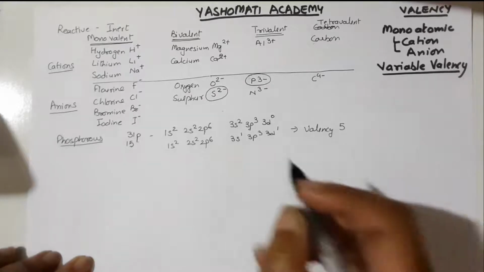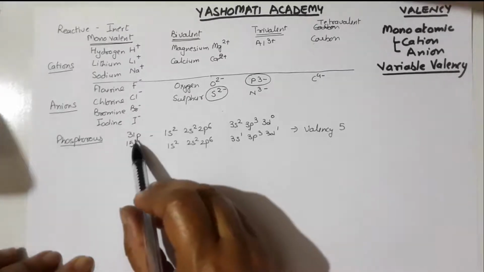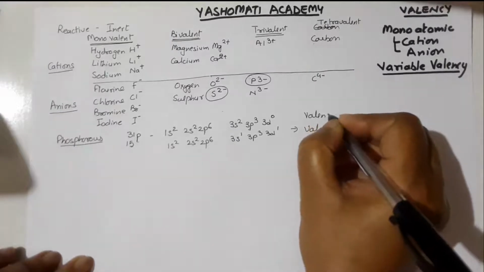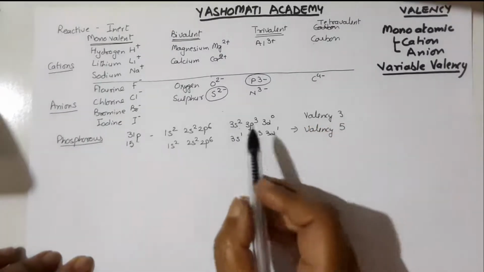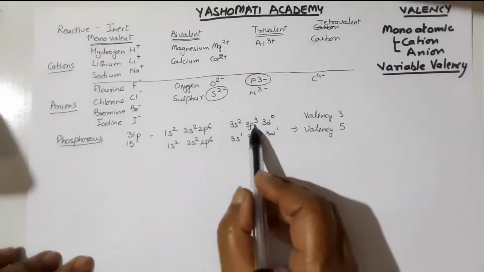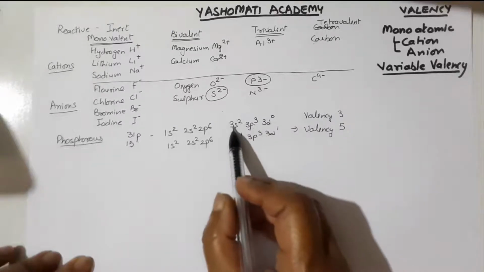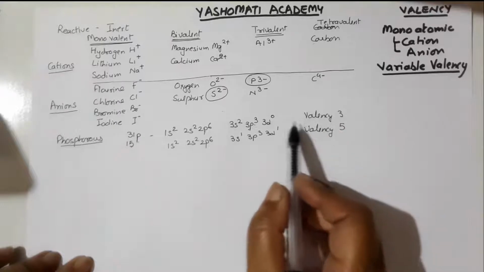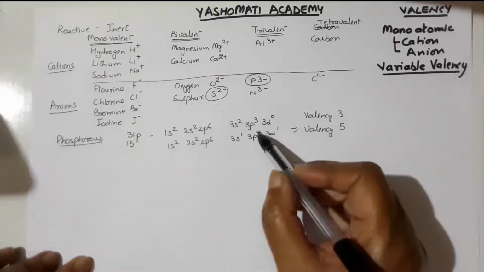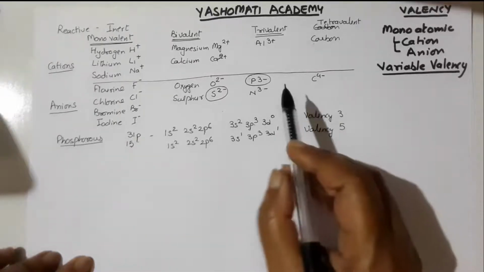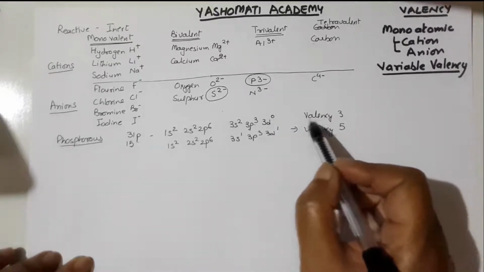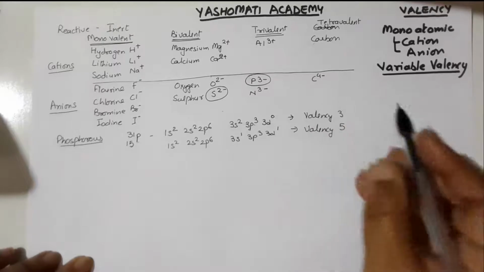That means that normally phosphorus has valency 3 because it is having 5 electrons in the outermost shell, and to complete its octet it needs 3 electrons. So that is why it tends to form P3 negative by accepting 3 electrons, and its valency is 3.